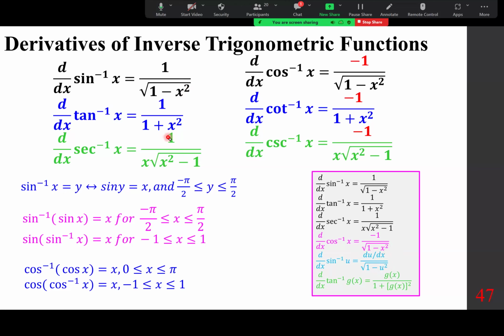I use u here and I used g of x here. So if you have g of x, the numerator 1, the derivative of x, becomes g prime of x. I thought it's g prime, but it probably is not showing g prime. This is g prime, everybody, okay?